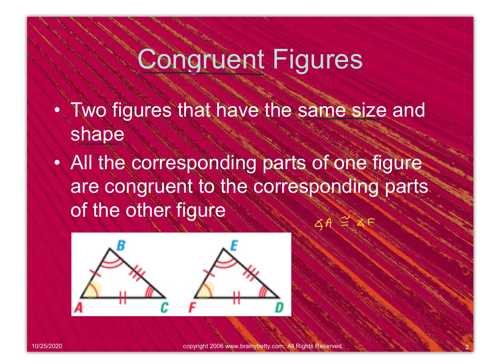I keep going and identify angle B. Angle B has two tick marks, and it matches with E, which also has two tick marks. So angle B corresponds with angle E, and therefore they're congruent. Angle C has three tick marks. It corresponds with angle D, so angle C corresponds and is therefore congruent with angle D.